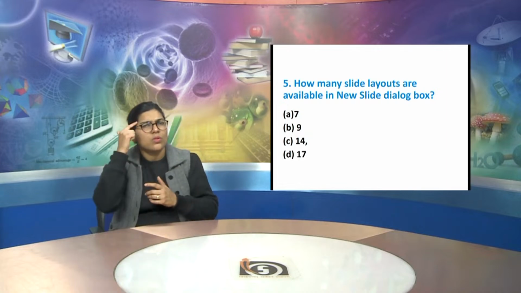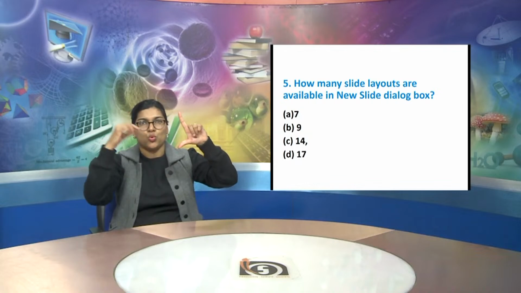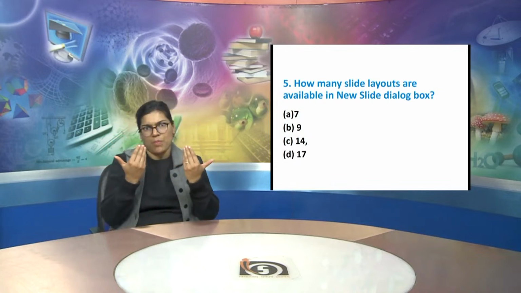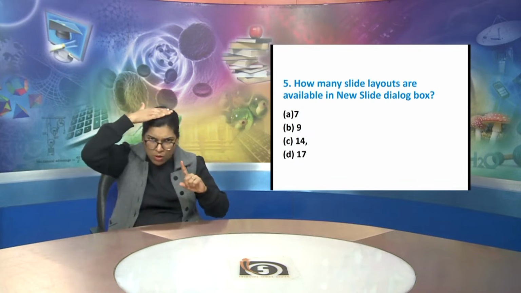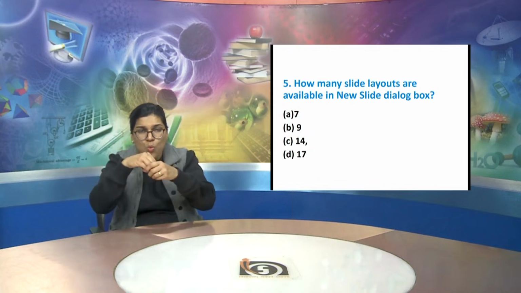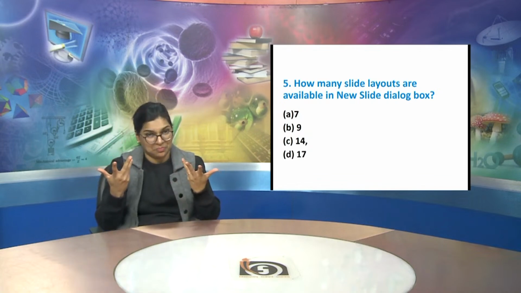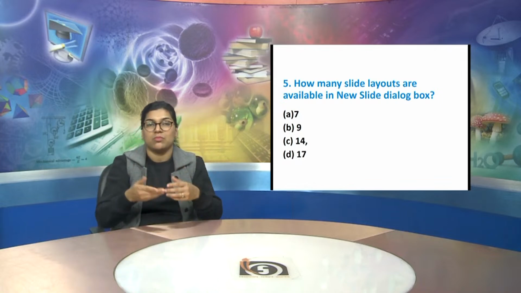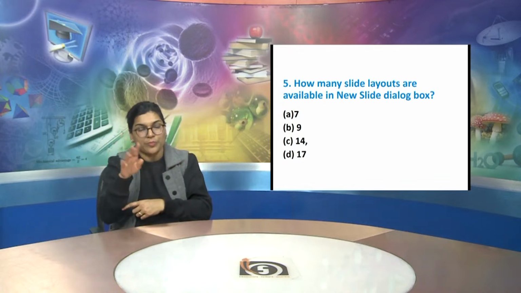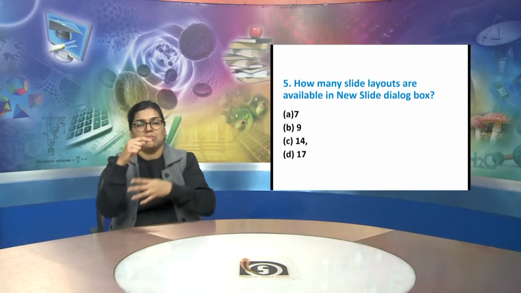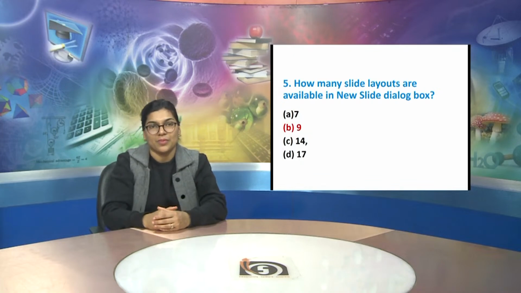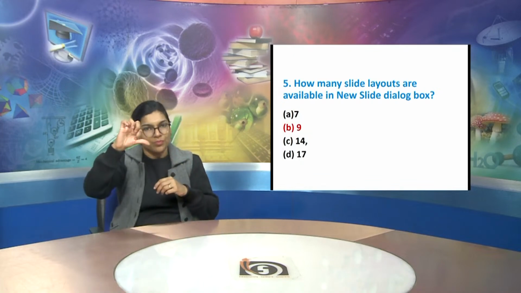Question 5. How many slide layouts are available in the new slide dialog box? There are 4 options available. Option A, 7. Option B, 9. Option C, 14. Option D, 17. You have to choose the correct option. Option B is 9.